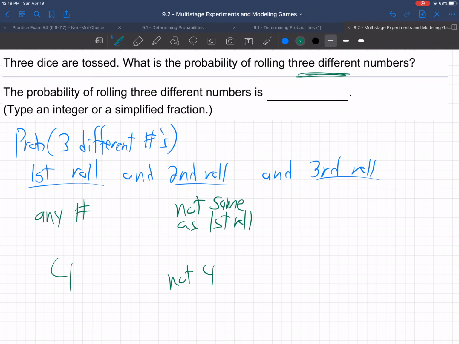What's the chance of that? Isn't it going to be 5 out of 6? If you got a 4 the first time, then on the second roll you would just not want to get a 4. So that's 5 out of 6.